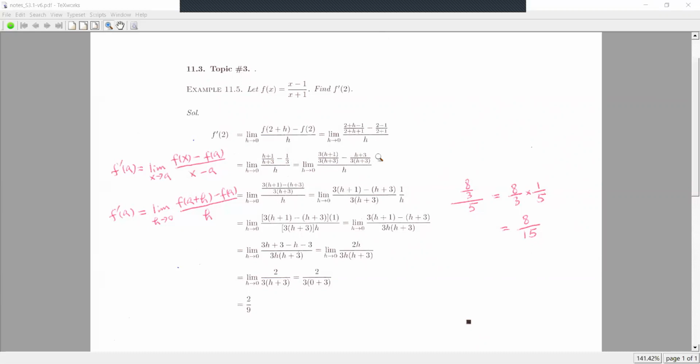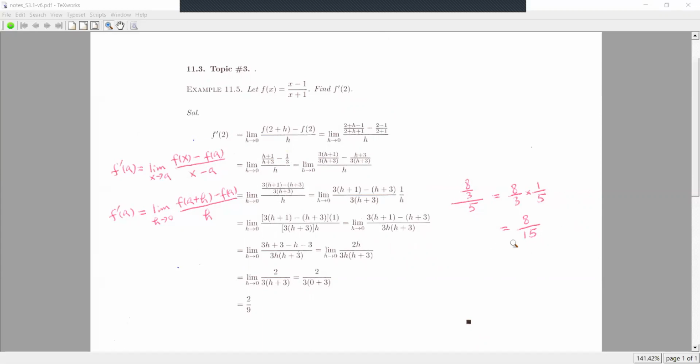So I can combine the two terms to get this equation. This function is a fraction divided by h. I can write this function as the fraction times 1 over h.